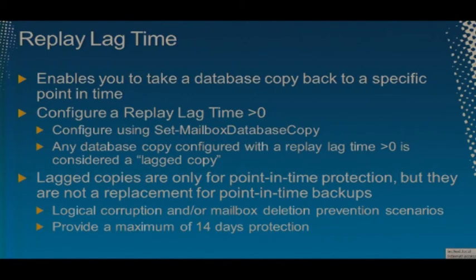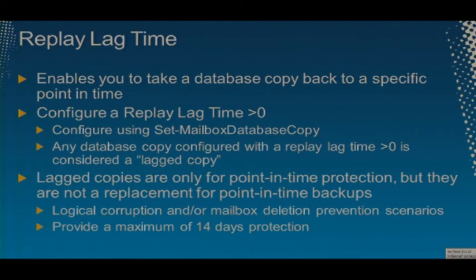If, however, you have a lot of integrated applications, and more importantly, if you have a history of logical corruption in your environment, then you're probably going to want to use a lag copy or some other backup or some point-in-time mechanism so that you can go back.